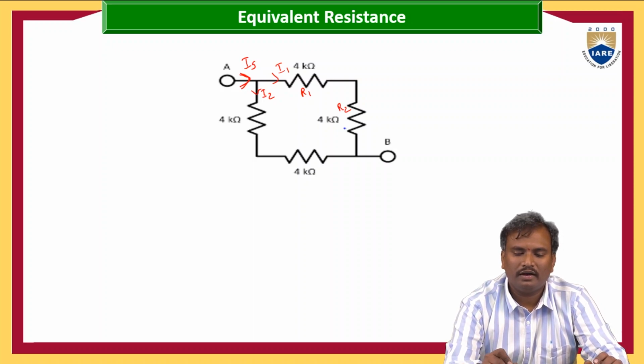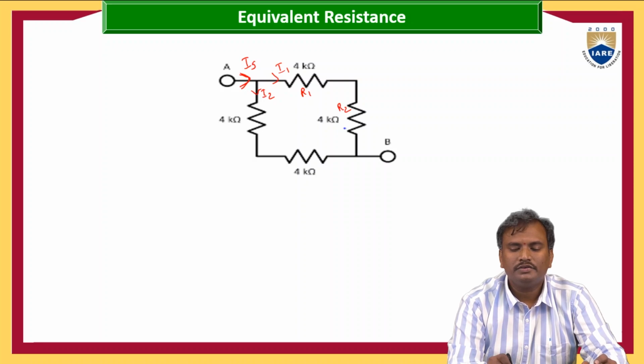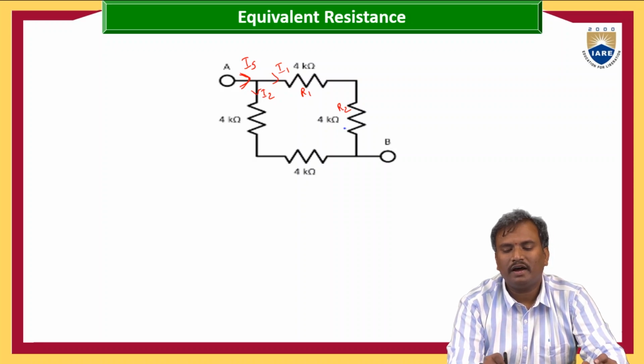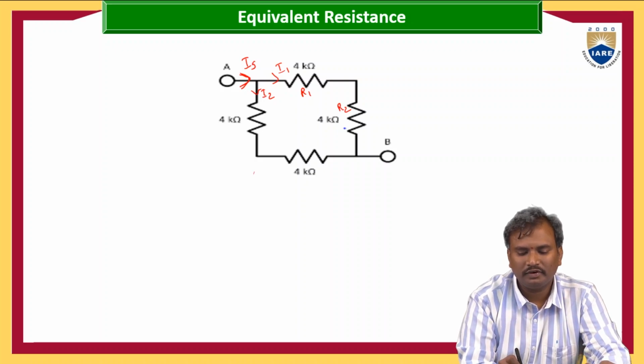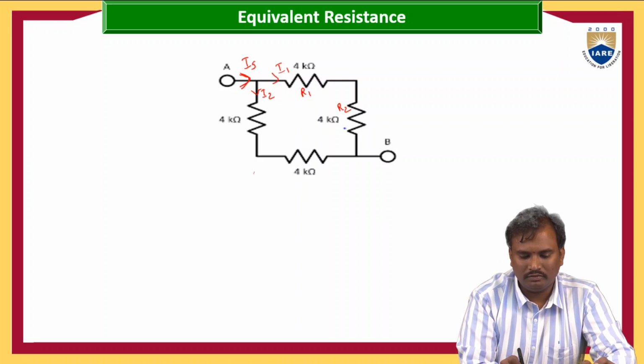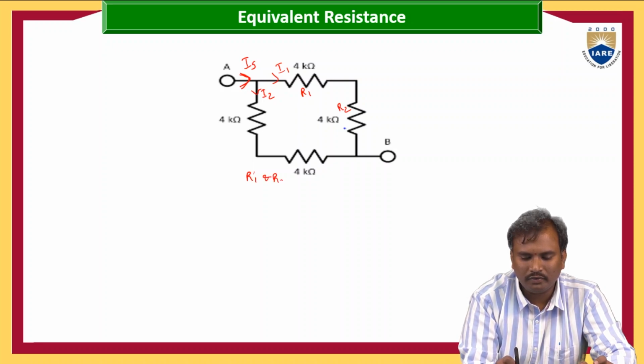I1 is the current which is flowing through R1, R2. So we can say that R1 and R2 are in series.